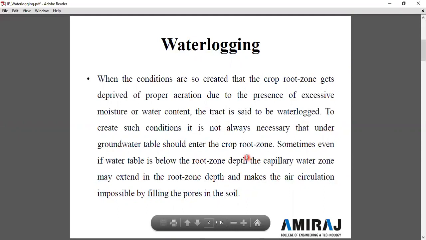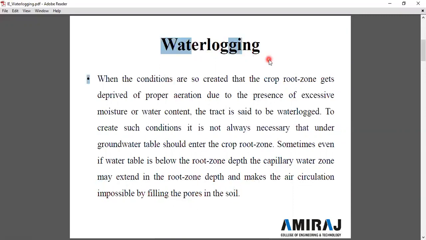So why does waterlogging take place in a particular field or site? Sometimes the water table is below the root zone depth, but the capillary water zone may extend into the root zone and make air circulation impossible by filling the pores in the soil. The main reason for waterlogging is a high groundwater table.